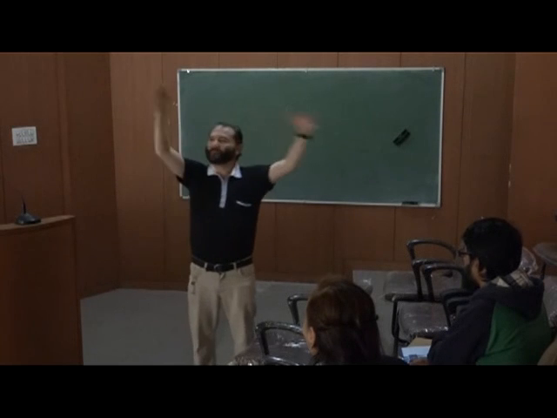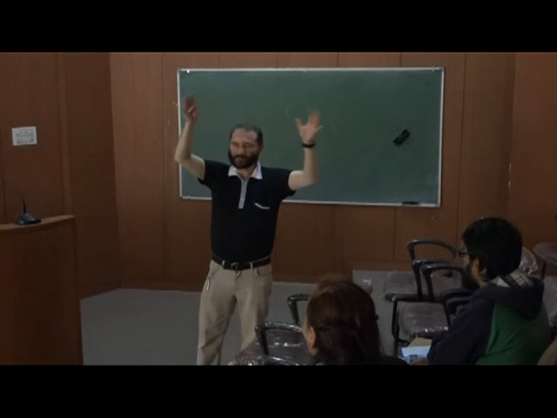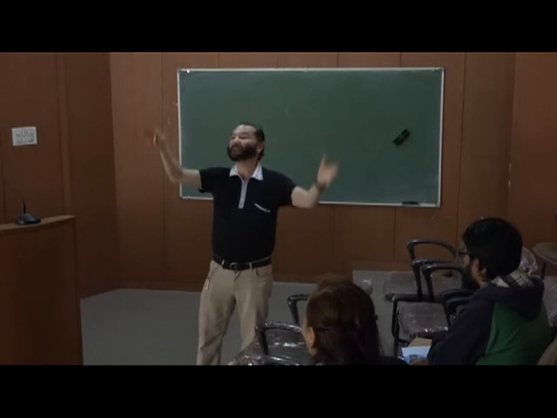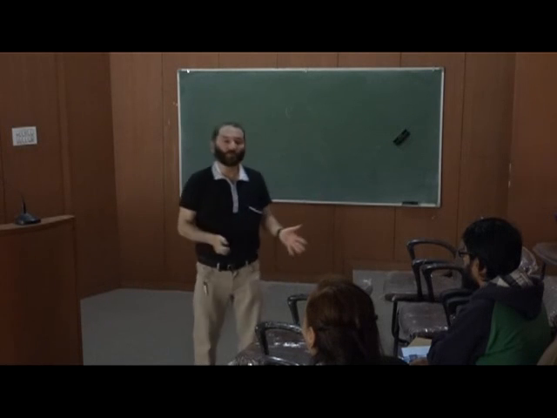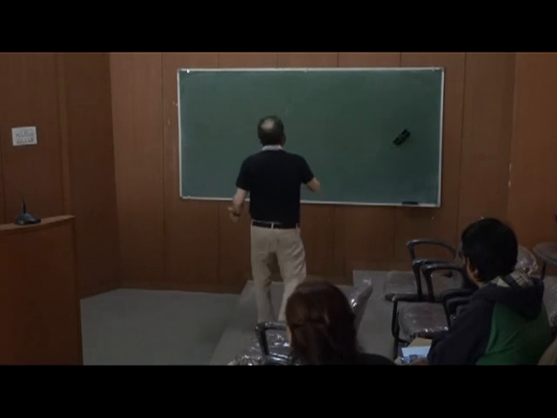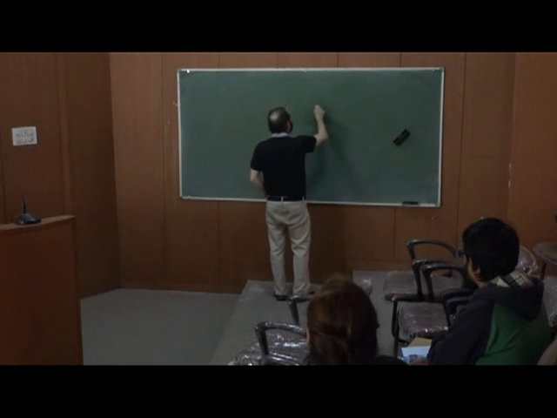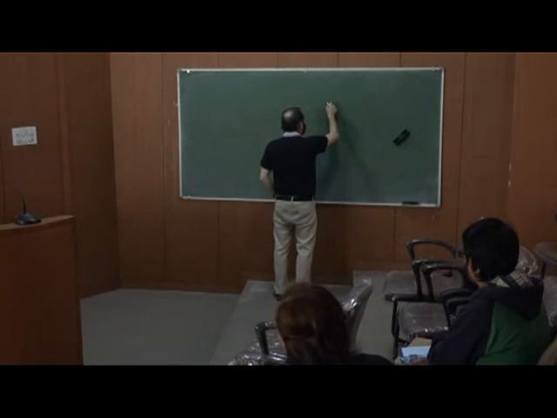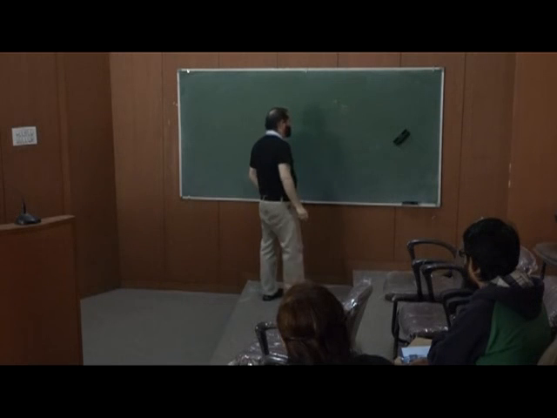But nevertheless, we estimate how much matter is located, and we divide by the volume. We get that the average cosmic density is of the order of 10 to the minus 29 grams per cubic centimeter.